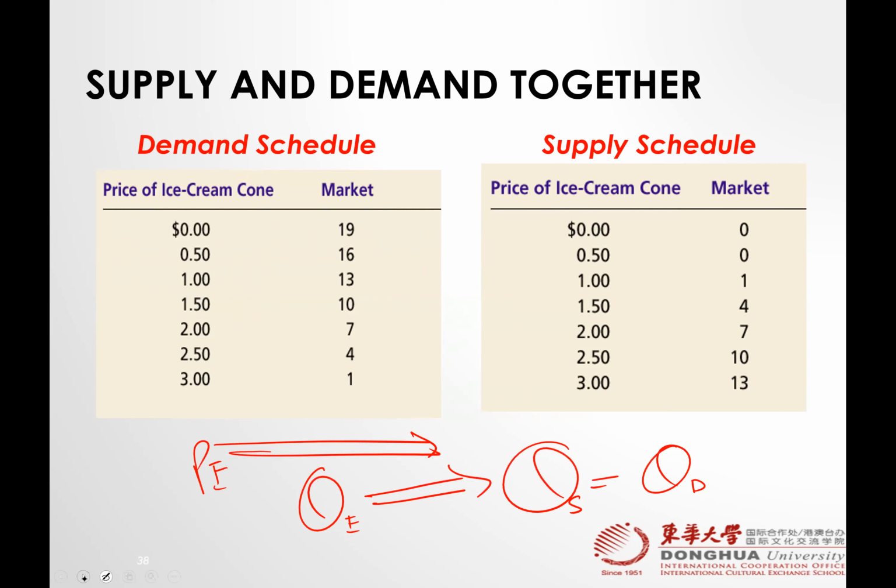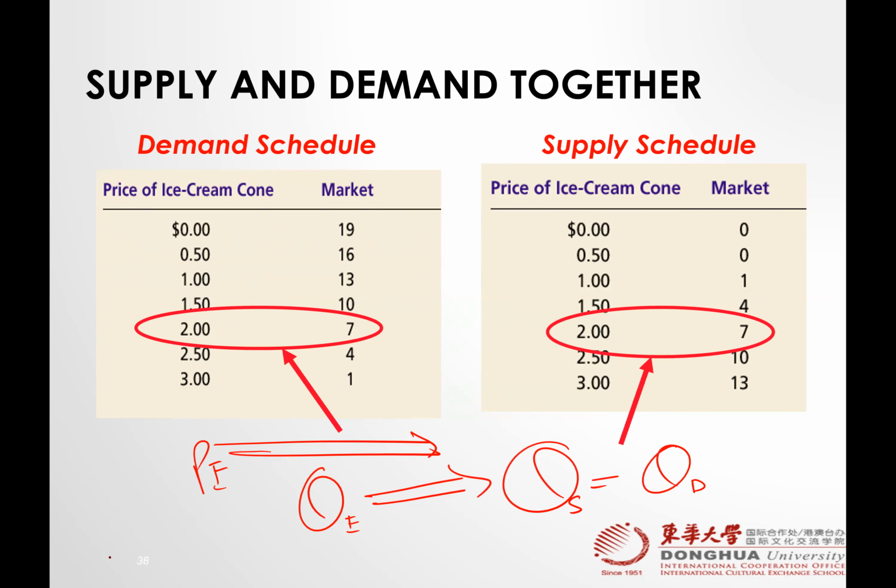So you see something common here, right? This is quantity supplied, this is quantity demanded. They are equal, right? And you see the price, right?